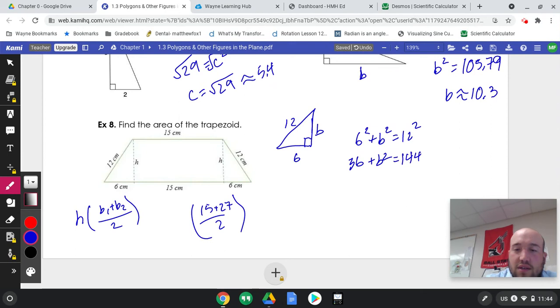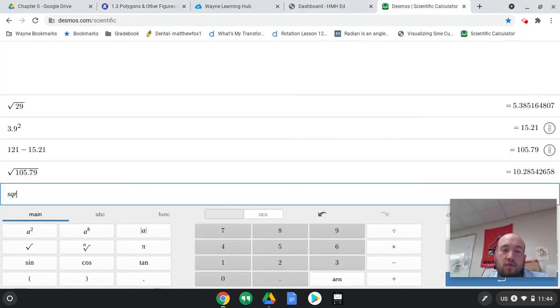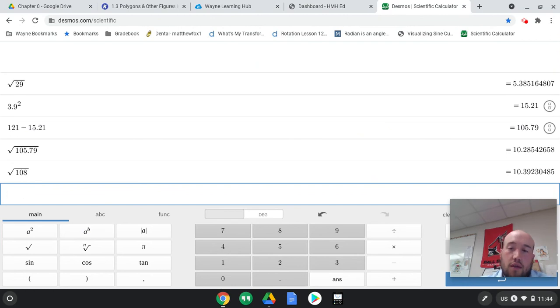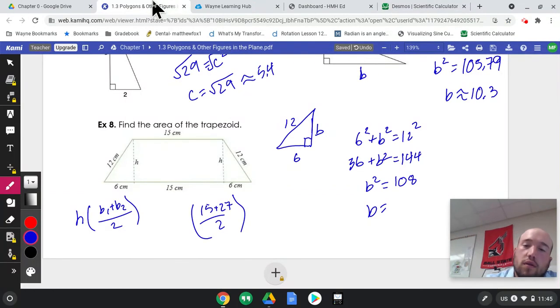We subtract that 36 and have b squared equals 108. Take the square root of that, so b will equal about 10.4. And that is our height.